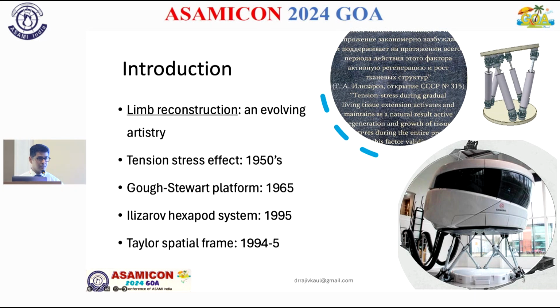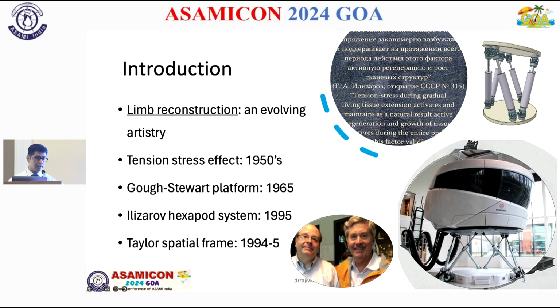The first hexapod in orthopedics was the Elizarov hexapod system in Germany in 1995, but that was more of a mechanical system and did not entail the use of any software. So it was finally the brainchild of these two gentlemen, John Charles Taylor and his brother Harold Taylor, who are accredited for patenting the first computer-assisted hexapod device for deformity correction based on the inputs provided by the user.